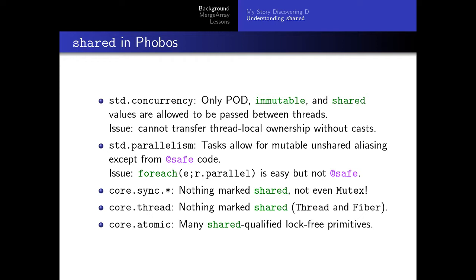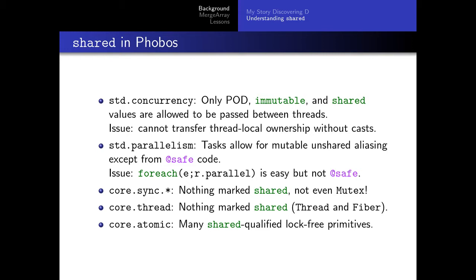But let's look a little bit at how it is and can be used. In Phobos, you have std.concurrency, which is your message passing model of concurrency. You have the send method that lets you send objects and receive them, but it generally only allows plain old data types, immutable and shared values to be passed between threads.